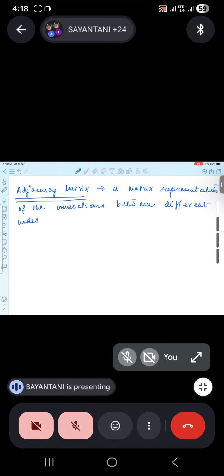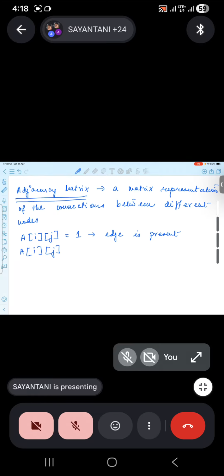So if I'm considering an adjacency matrix, and if I'm talking about binary graphs only, then if the row and column value a_ij is 1, that means of course an edge is present. And if a_ij is equal to 0, that means the edge is absent.